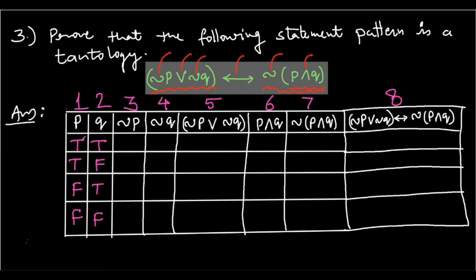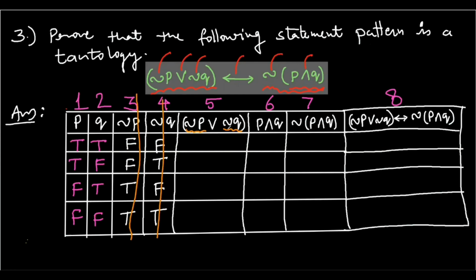So see here, P: T, T, F, F. So negation P, you will have F, F, T, T. It is negation of what you have under column P. Then negation of Q. Q is T, F, T, F. So here you will have F, T, F, T. Then here you have negation of P or negation of Q. So remember, students, you have the disjunction of these two, that is column 3 and column 4.